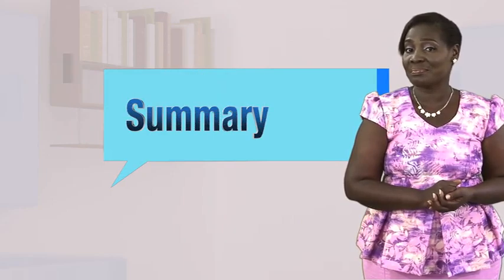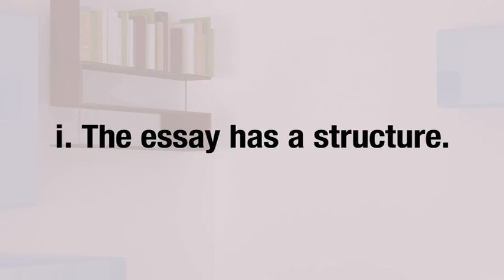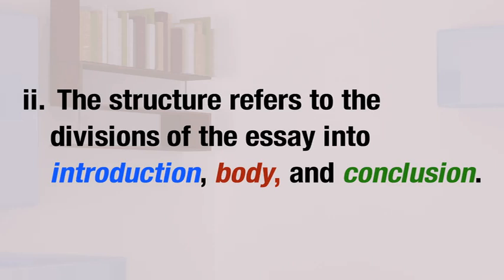To sum up, in this lesson, you have learned that 1. The essay has a structure. 2. The structure refers to the divisions of the essay into introduction, body, and conclusion. 3.